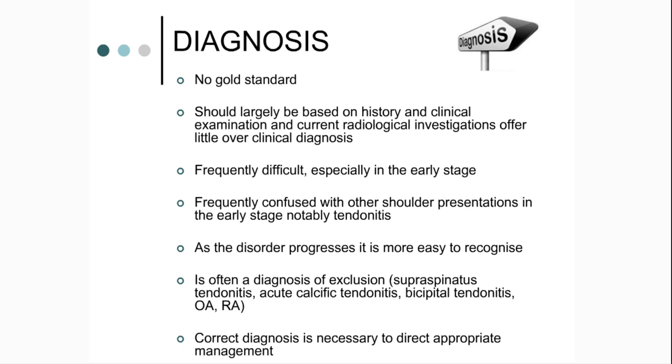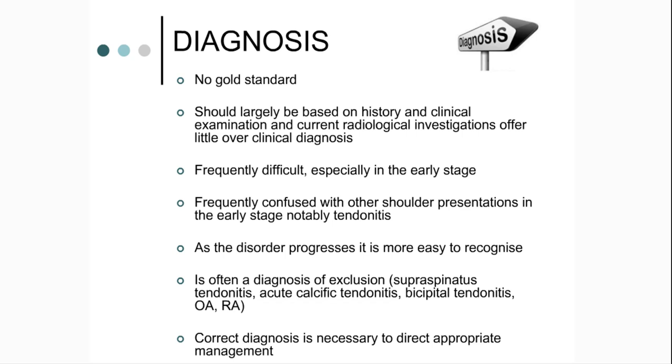But one of the key problems we have with diagnosing frozen shoulder is that there still remains no gold standard by which we can diagnose it, and also by which we can inform research studies. So given that there is no gold standard, we have to base it on our history and clinical examination of the patient, and also on some radiological investigations. I'm going to talk about the radiological investigations in a moment as well.